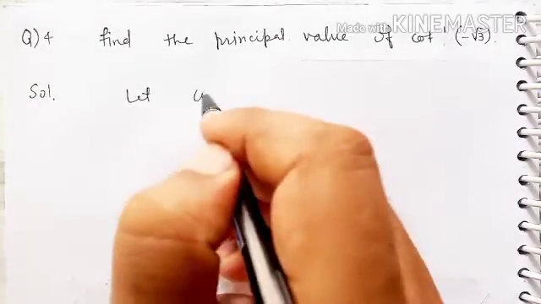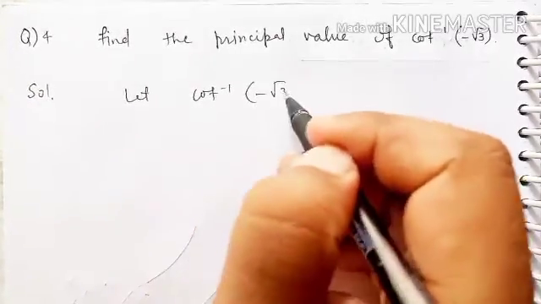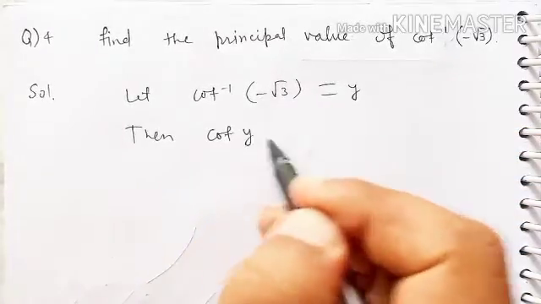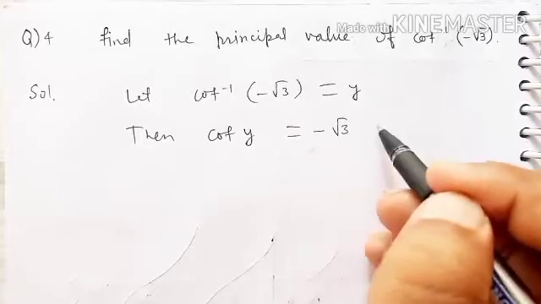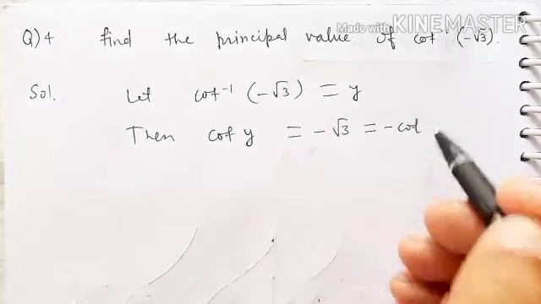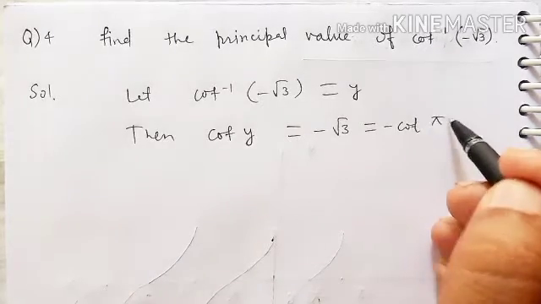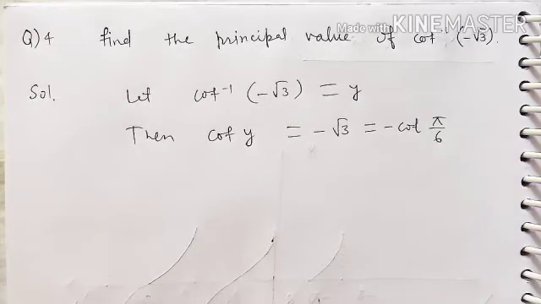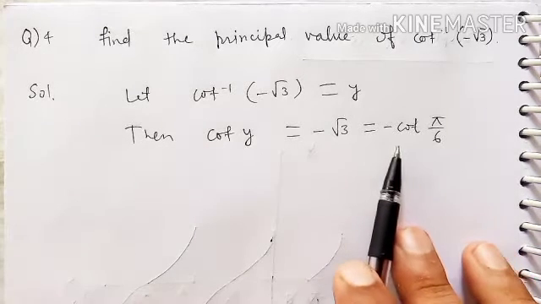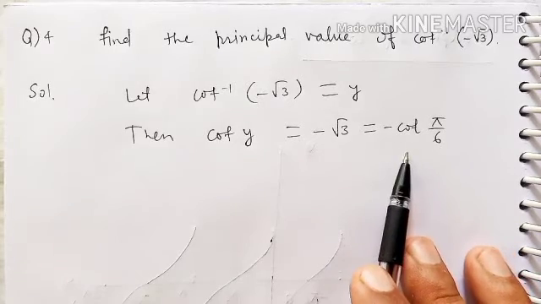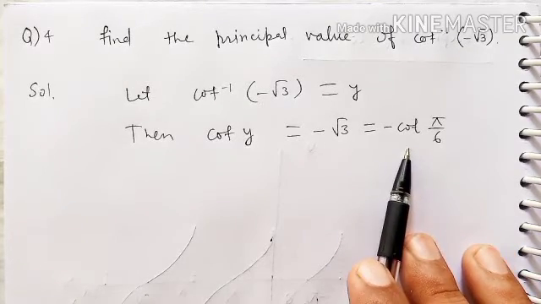Let cot inverse minus root 3 be equal to y. Then cot y is equal to minus root 3, which is minus cot pi by 6. Cot 30 degrees is root 3. Now we have to bring this angle within the interval 0 to pi.